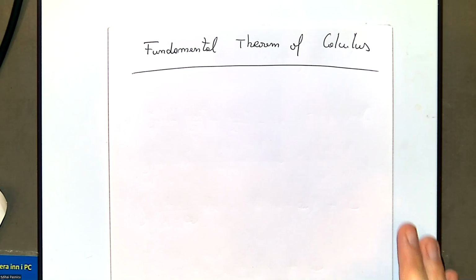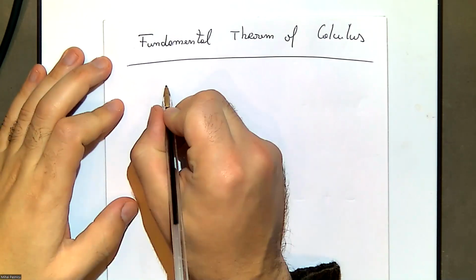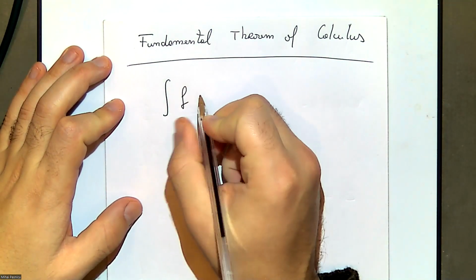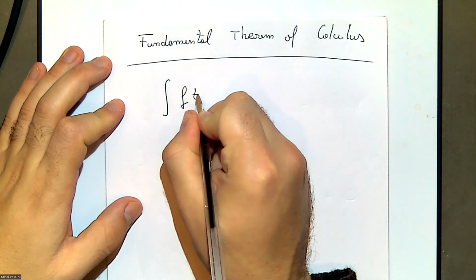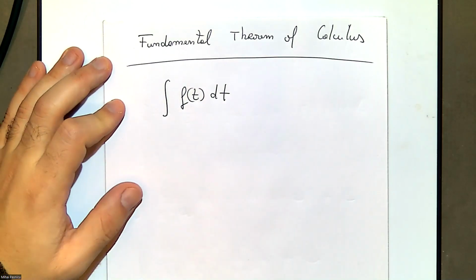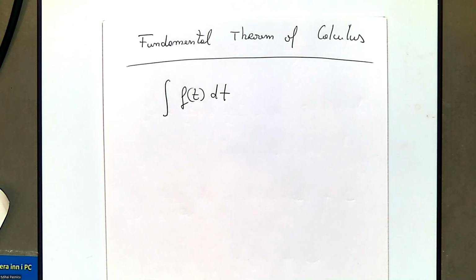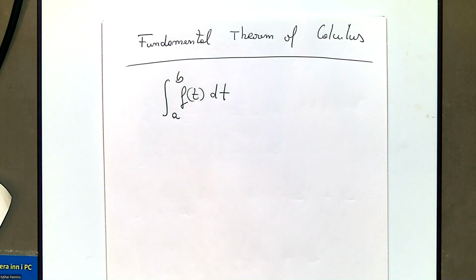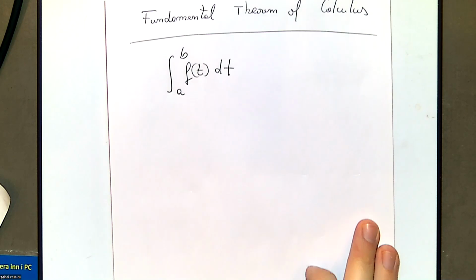So the idea is the following. We've worked with integrals up to this point that look something like the integral of f of t dt, right? We've worked with this type of integral. Now, I can define an integral that looks like this.